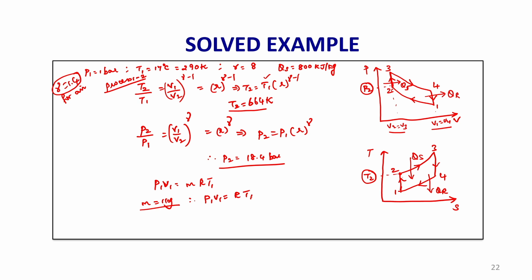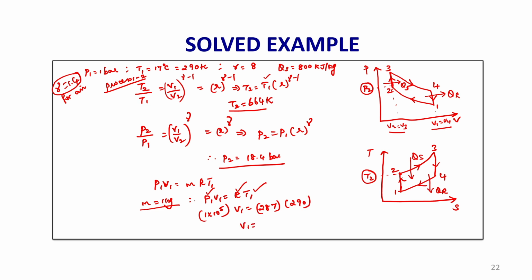In this, P1 is given in the problem, R is the standard value for air, that is the characteristic gas constant 287 joule per kg Kelvin, and T1 is given as 290 Kelvin. So, using this we can find V1. P1 is 1 bar, so 1 into 10 power 5 into V1 is equal to R, which I substitute in joules because I am substituting the pressure value in Pascal or Newton per meter square, so 287 into T1, which is 290.